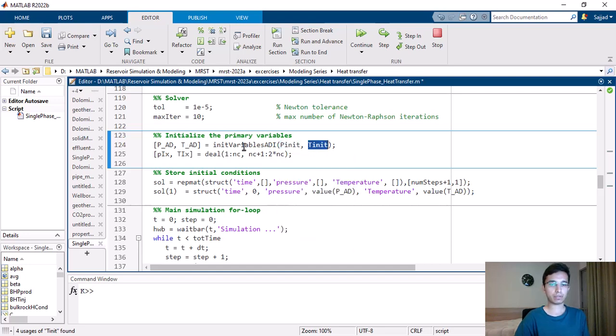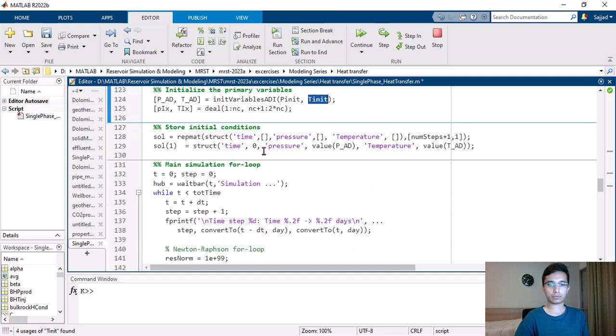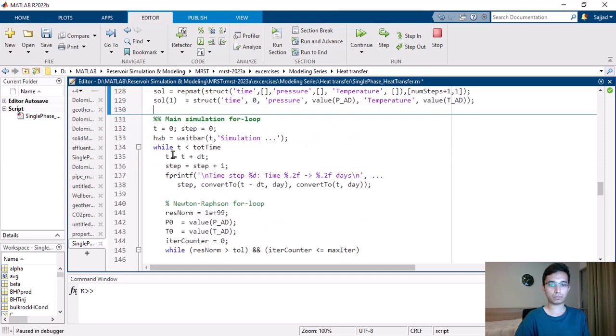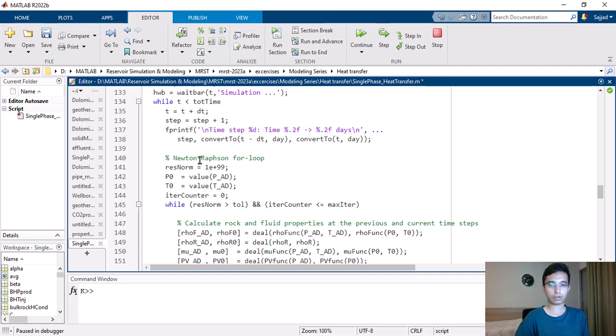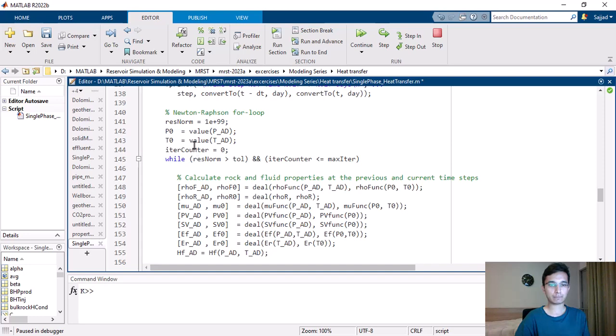We initialize them in this way, and we store the initial conditions in this struct, and here we start the main simulation for loop. All right, so I'm not going to talk about these. I already talked about them in the previous videos.